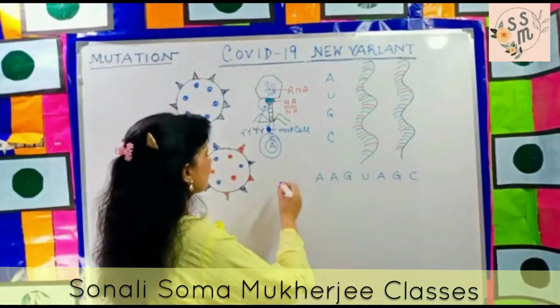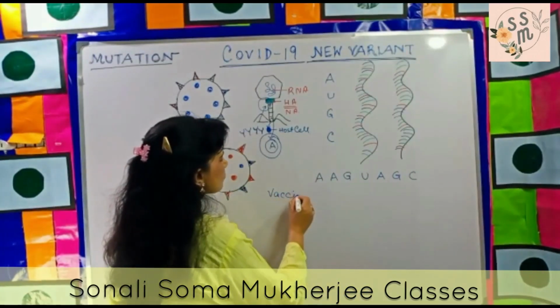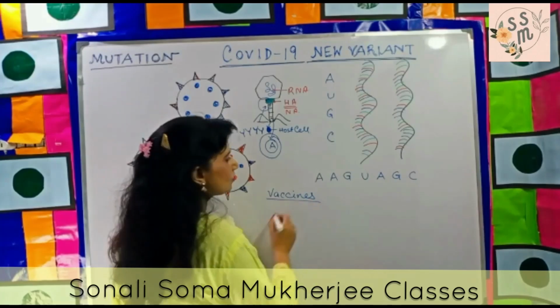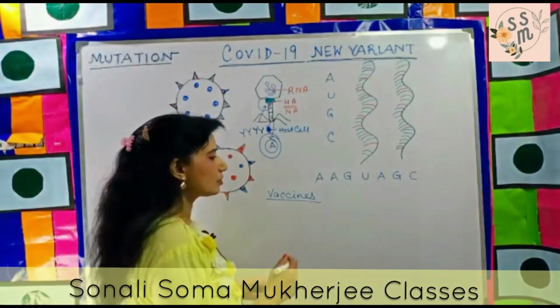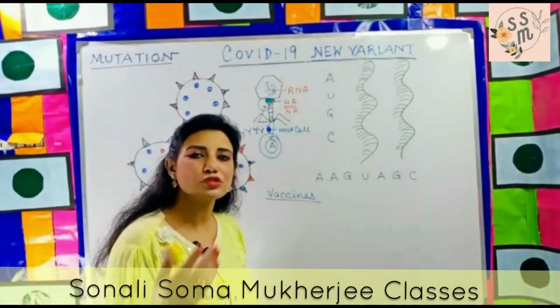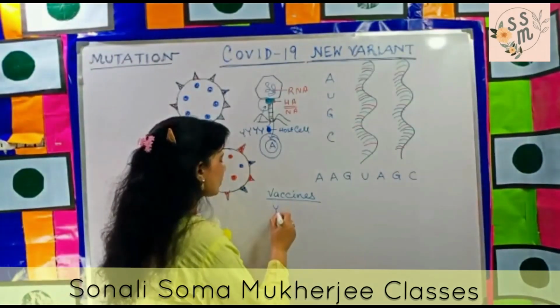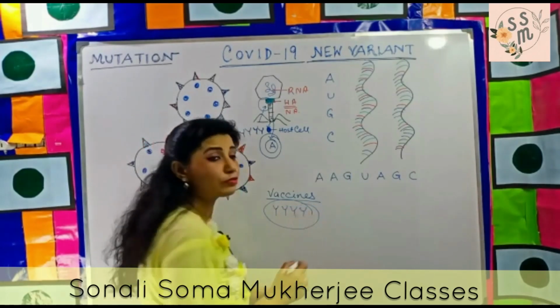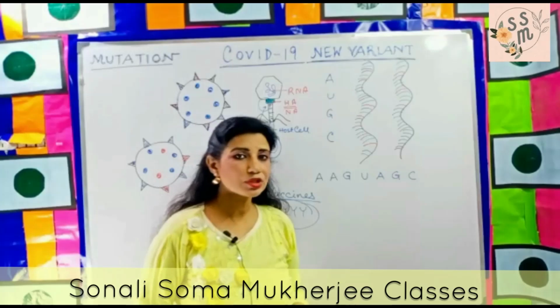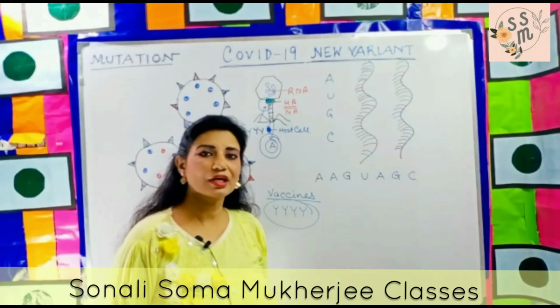What are our vaccines doing? Our vaccines are also trying to attack those antigens by inducing the immune response, which will be supplied by the antibodies. Vaccines will develop antibodies by first of all recognizing which antigen it had been attacked with.